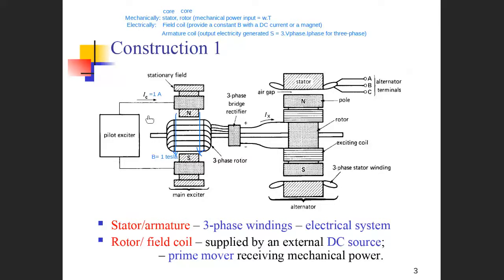So we are using 1 kiloampere to produce 1 Tesla here.